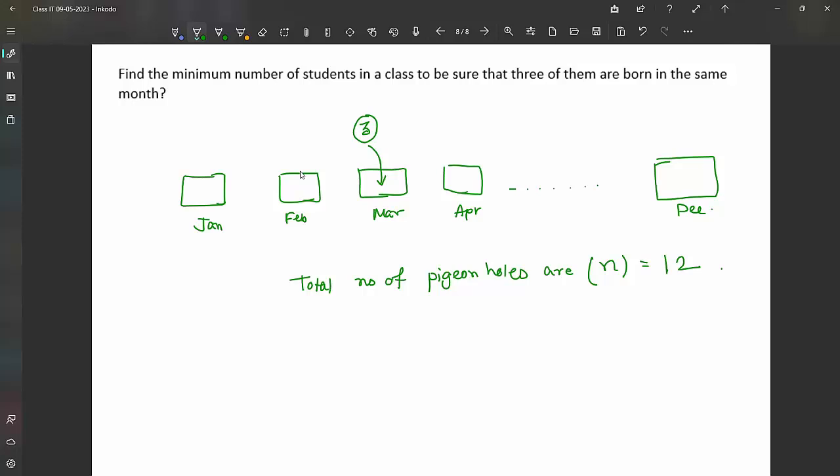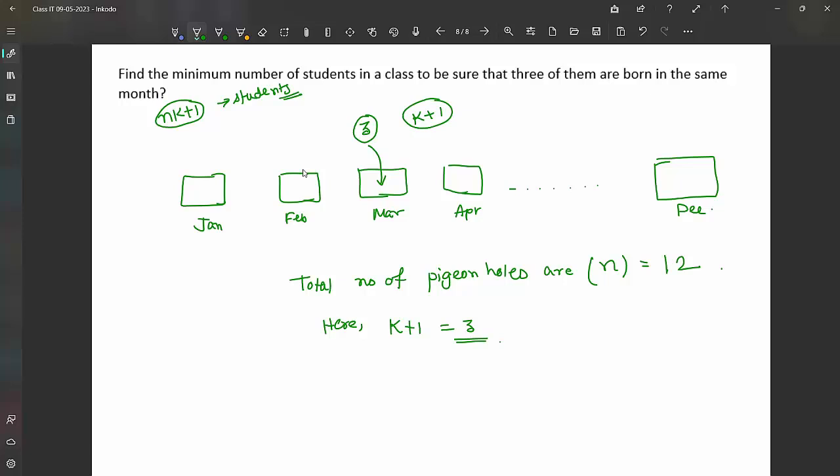That means by the pigeonhole principle, here k plus 1 is equal to 3. ये तो हम बोल रहे हैं pigeonhole principle में कि if total nk plus 1 number of students are there, then at least one box, or at least 1 month, will contain k plus 1 number of students.